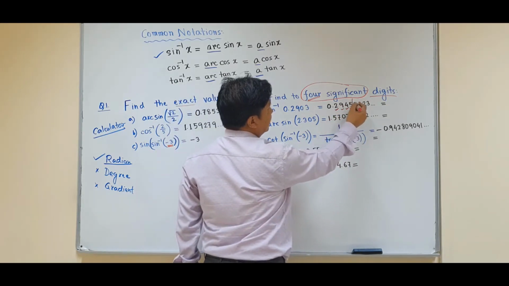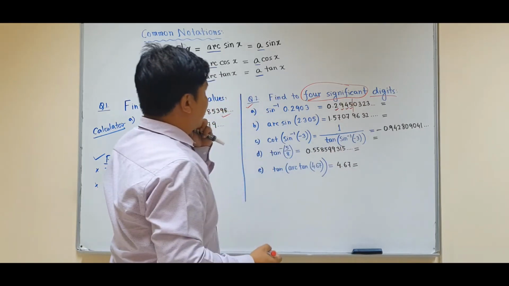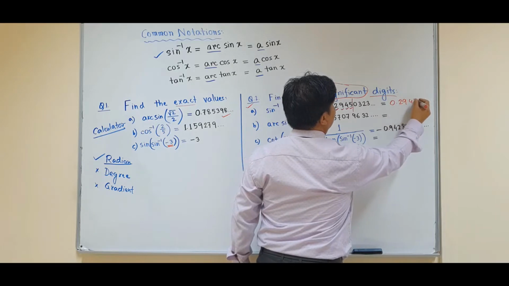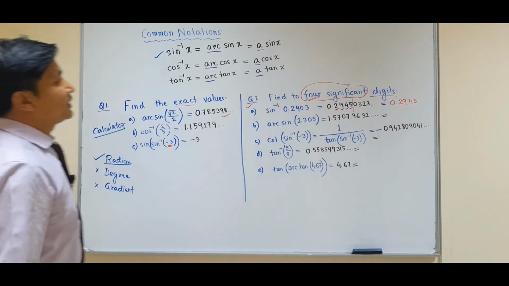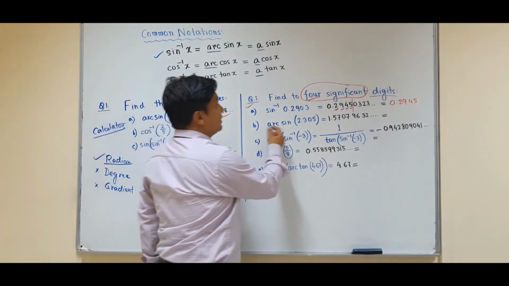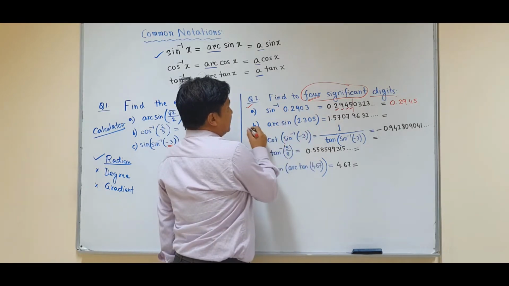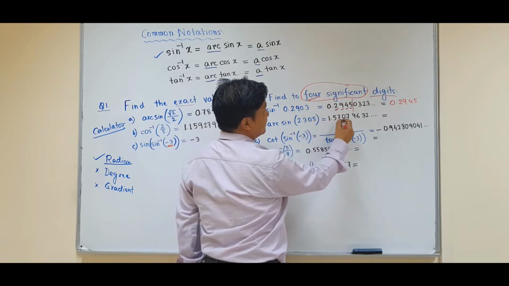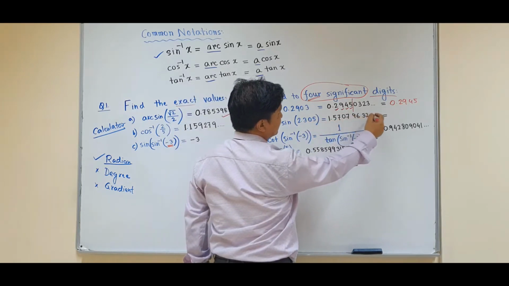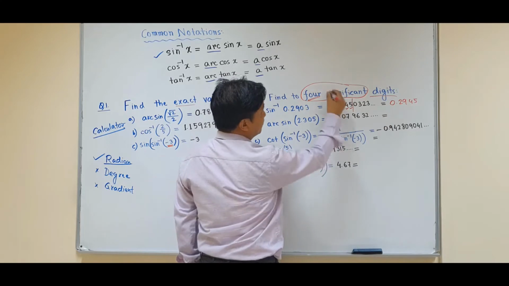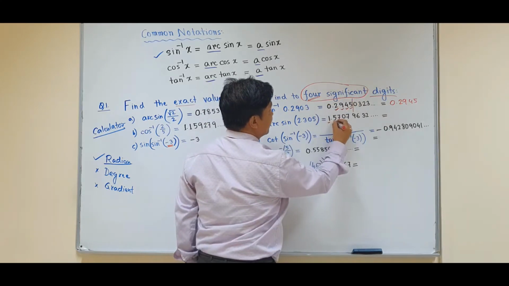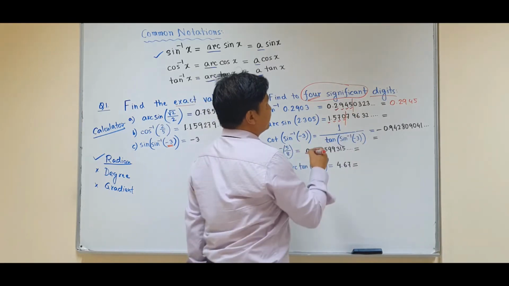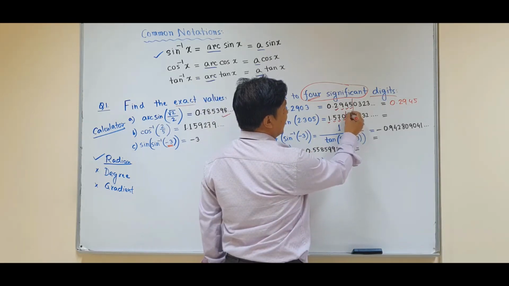So you know that the next digit is 0, which is less than 5. So clearly you will get 0.2945 as the 4 significant digits. Similarly, using the calculator, we have got arc sine 2.305 as 1.57079632 and so on. Now we count 4 significant digits, 1, 2, 3, 4, and the last digit is 7.